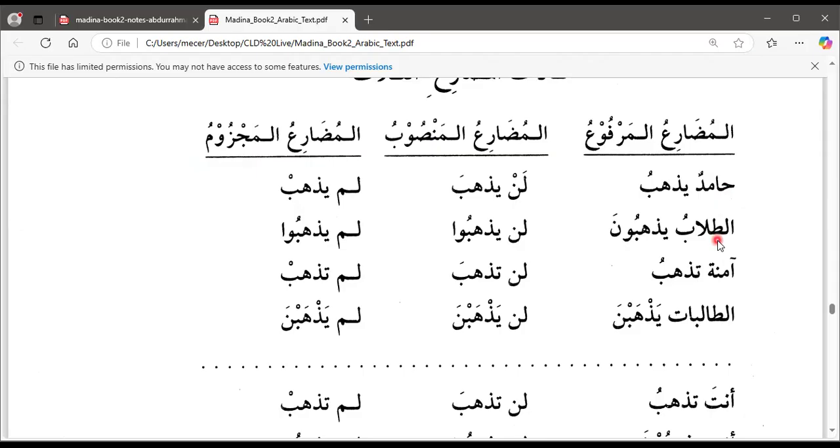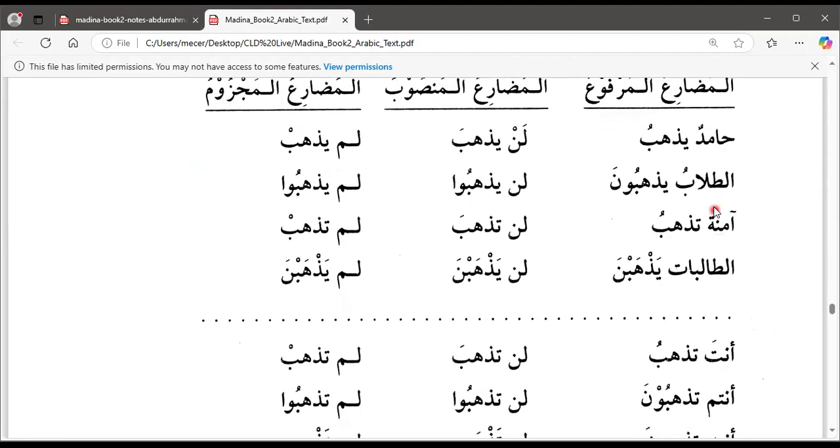Let's just have a quick look at other examples. Atulab yadhabuna. Let's have a look at it. Atulab, this is of course the mubtada', and yadhabuna is a jumla fi'liya, the khabar. Here it is mudari' marfu' bithubuti nun, with the presence of nun.